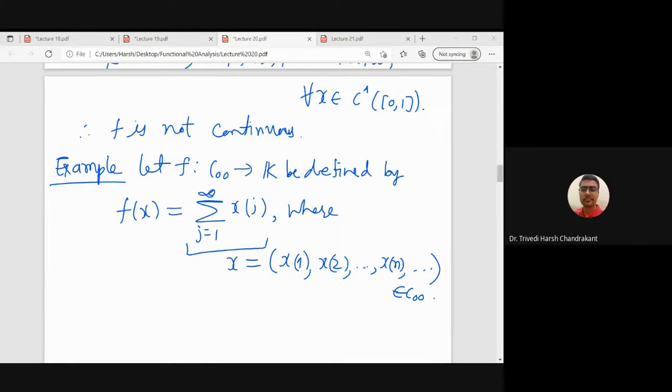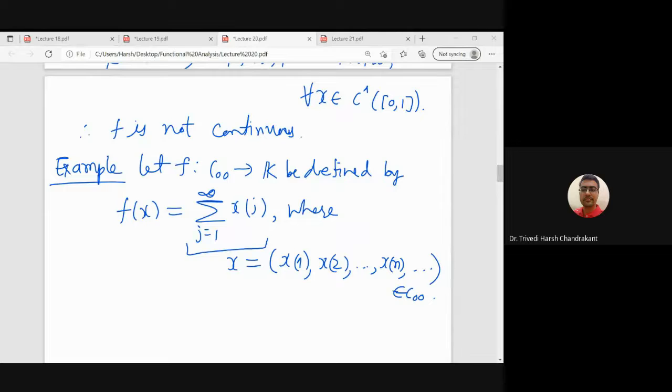Yeah, so x is an element of C00. So what does this mean? Set of all continuous and differentiable function at origin. No, no, no. C00 means we are taking sequences. You see the element x is x1, x2, xn.